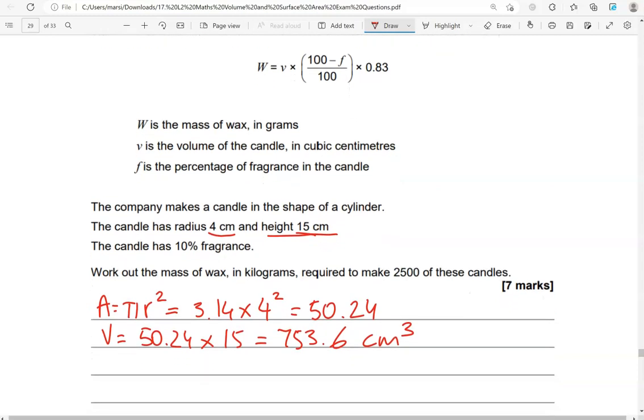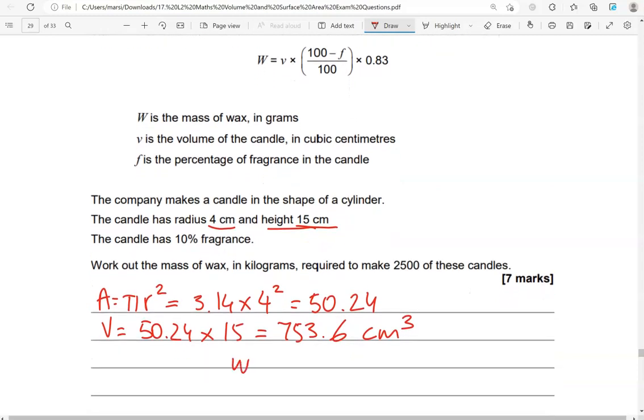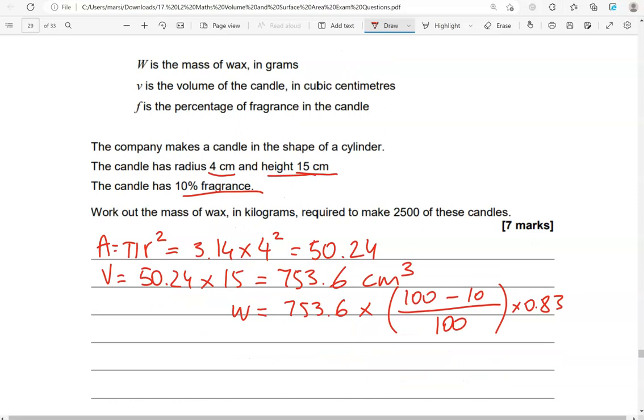Now we'll plug this into the formula. So W is equal to volume, which is 753.6 times 100 minus F, which is the percentage of fragrance in the candle. So that is 10%, so minus 10 divided by 100 times 0.83. So that will be 753.6 times 100 minus 10, that is 90.